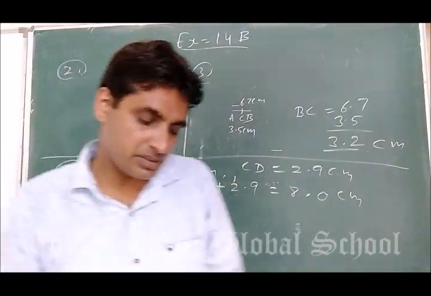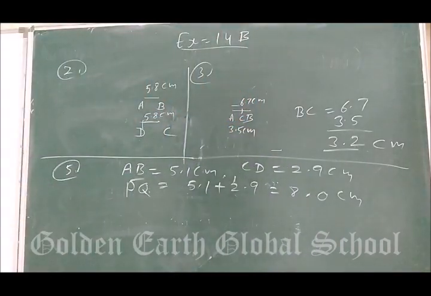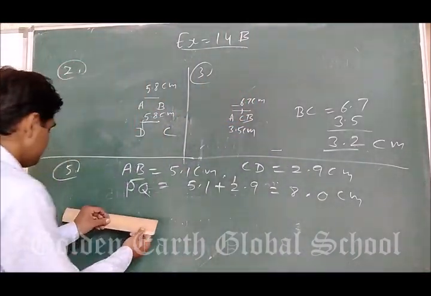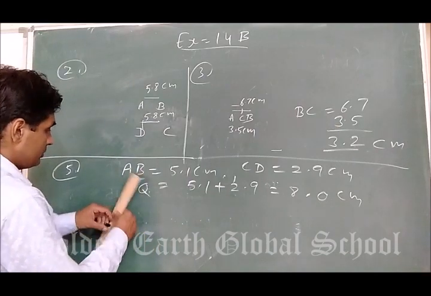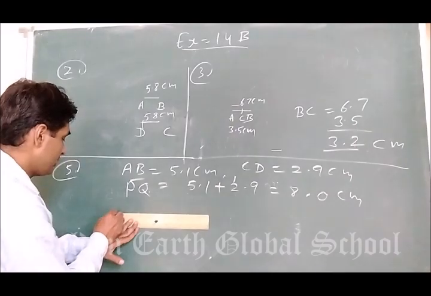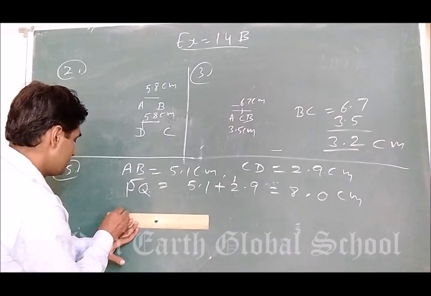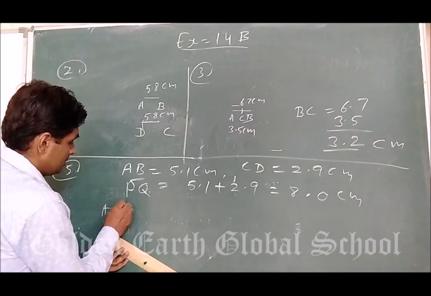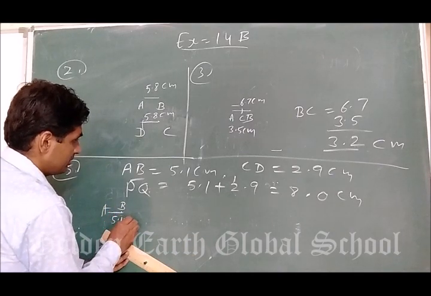So how you can measure with the ruler? So firstly you have to make a line of 5.1 centimeter. So this is a 5.1 centimeter.